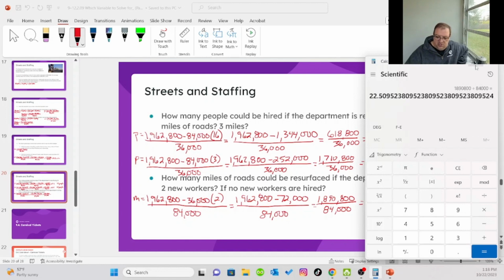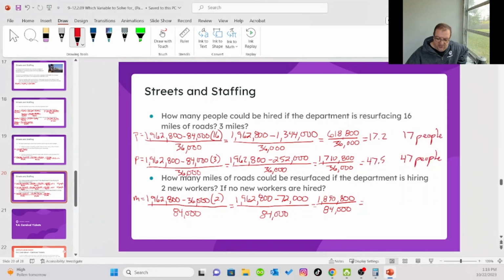And that's approximately 22.5 miles. We can pave partial miles, so we leave that as the answer.